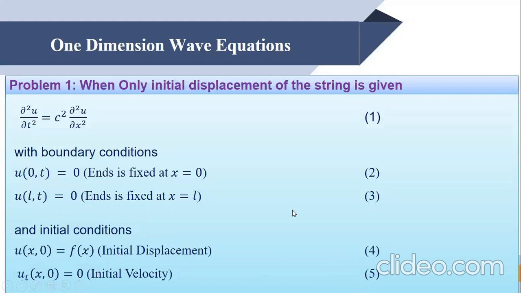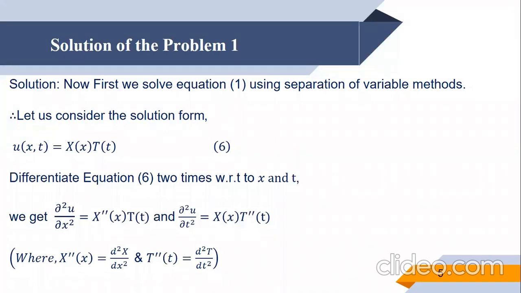So now we solve this type of problem. First we solve equation 1 using the separation of variables method. In a previous lecture we also discussed how to solve any PDE using the separable variable method. So a similar procedure. Let us consider the solution form u(x,t) is equal to X(x) T(t), because u depends on x and t.